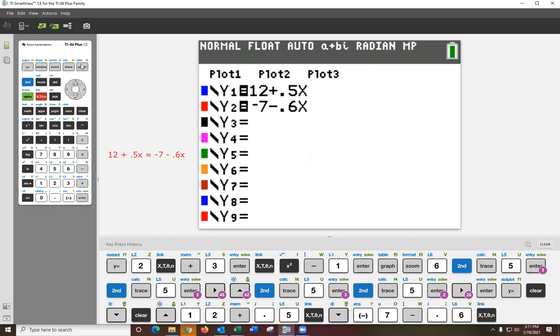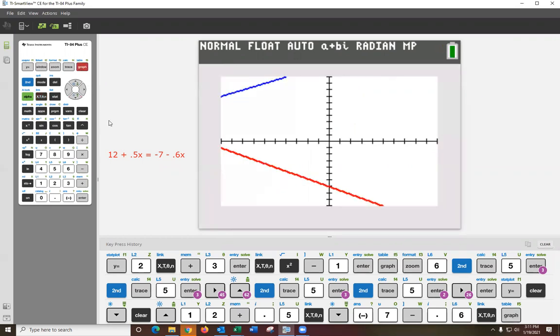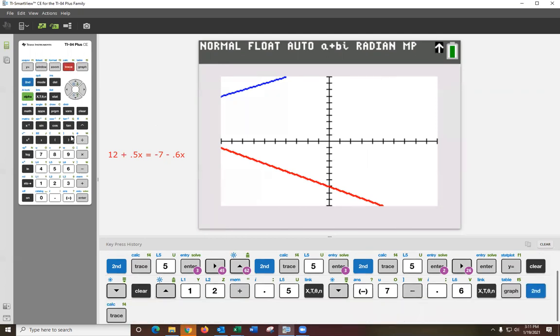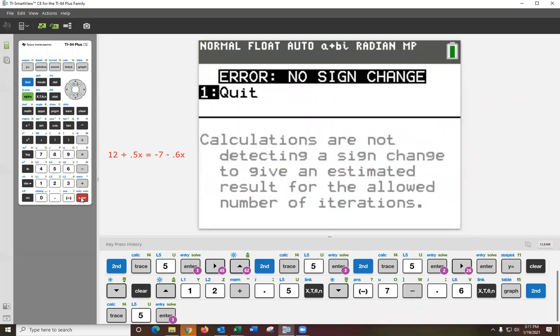Now when I go to the graph, look what happens. Do I see the intersection point? No, not yet. Do they intersect? It sure looks like it, somewhere about here maybe. Now, if I try to do the intersection right now, second trace 5, enter, enter, enter, it's not going to work.